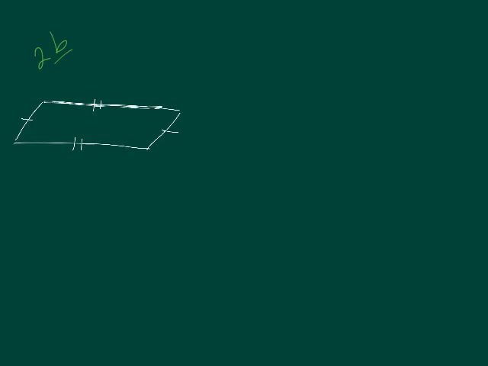So this line here is parallel to this line, and this line is parallel to this line. They're called parallelograms. If we have four sides, and it looks like that, and this side here is parallel to this side, and that's all that's necessary. Is two of the sides have to be parallel, then it's called a trapezoid.